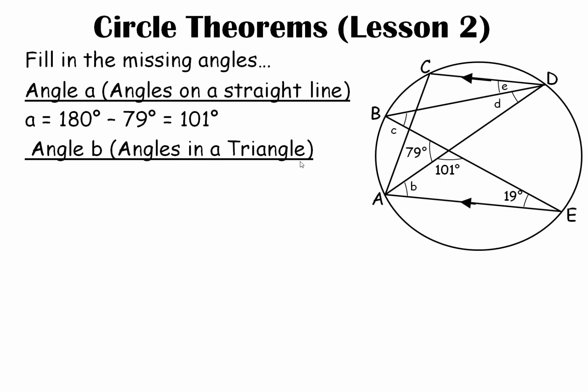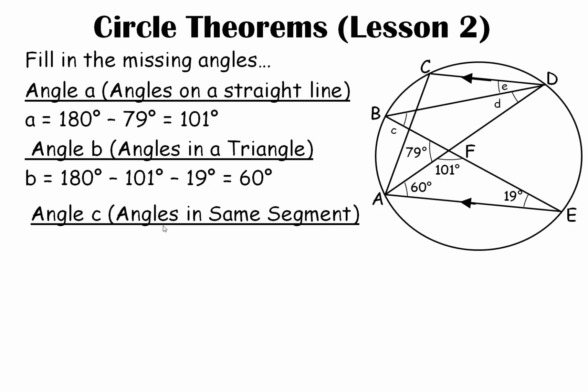Angles in a triangle sum up to 180 degrees as well. So you will have 180 degrees minus 101 degrees minus 19 degrees, which is equal to 60 degrees. So angle B is 60 degrees.